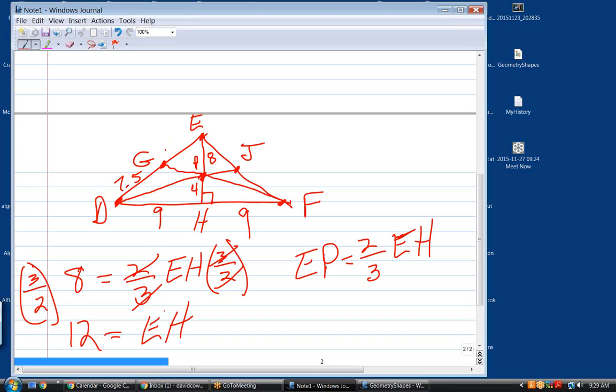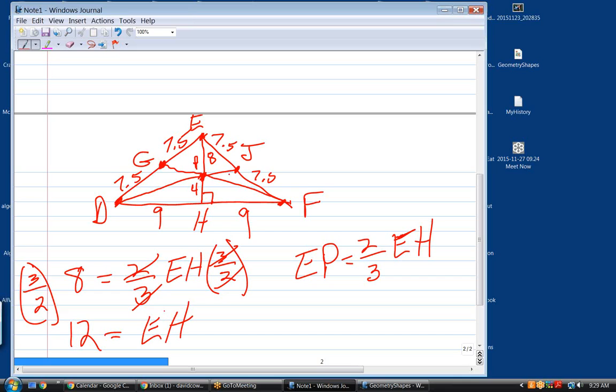Is that 7.5? Yes, GE would be 7.5 because these are all midpoints. So what do we know about EF? It would have to be the same as the other side, DE. So EJ is how much? 7.5. And JF? 7.5.